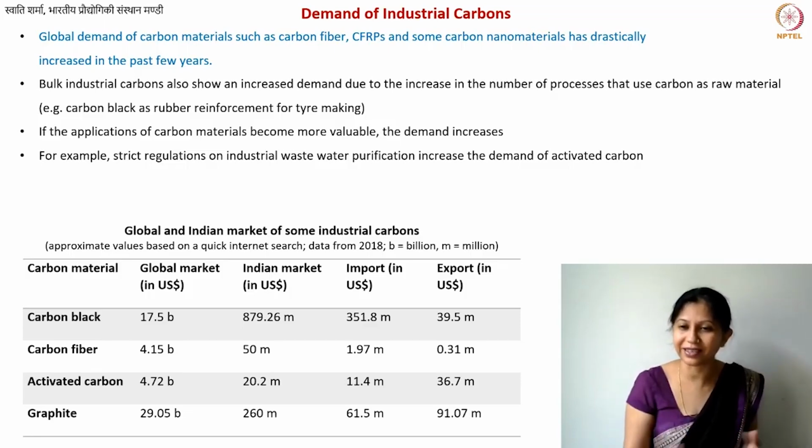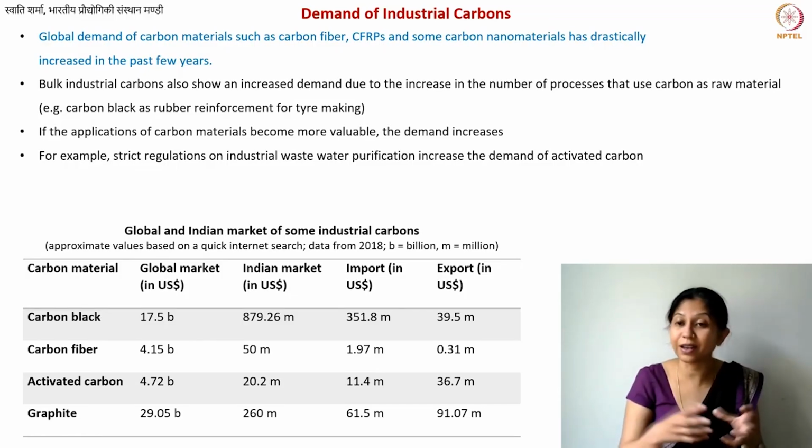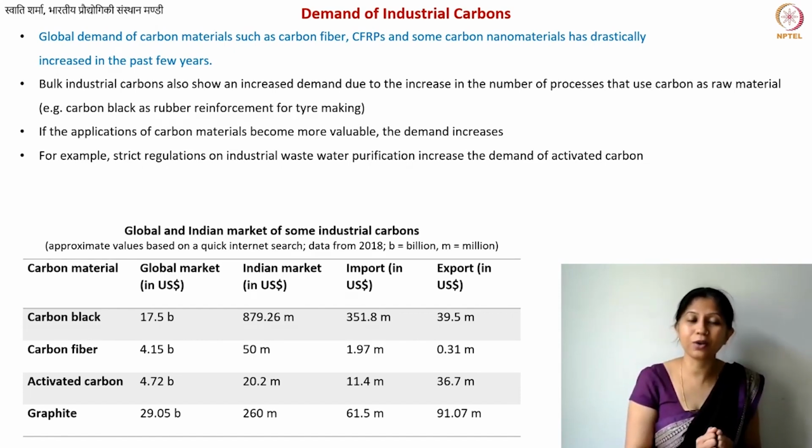Also, for example, if there are more regulations about the cleaning of the industrial wastewater, in that case, what will happen? Now, you will think that this industrial wastewater is not really related to carbon industry, but it is very much related. Activated carbons are the ones that are used for making water filtration columns.